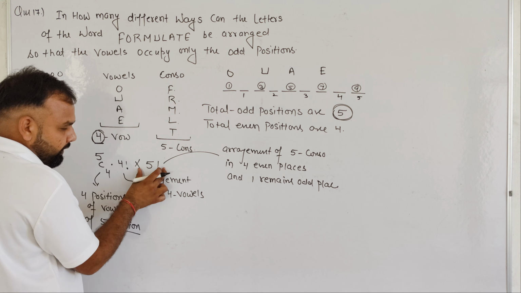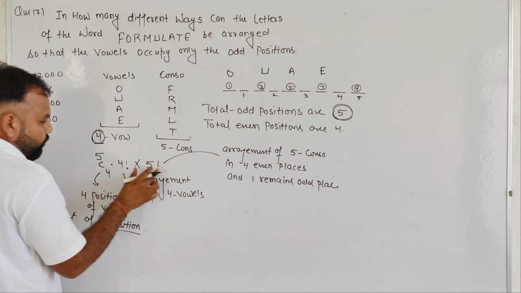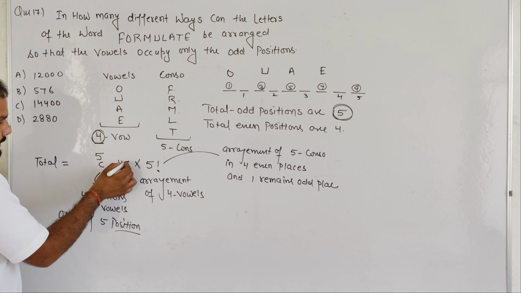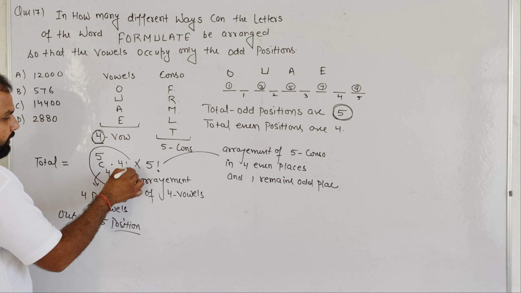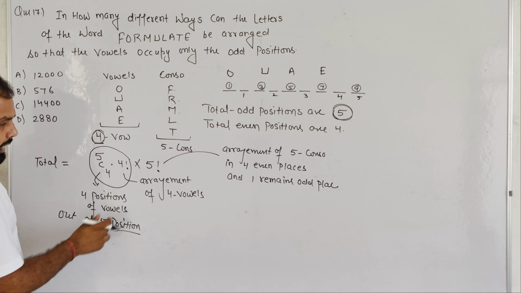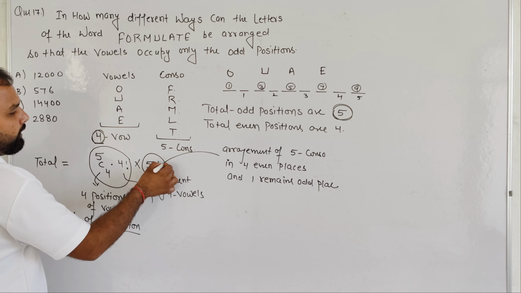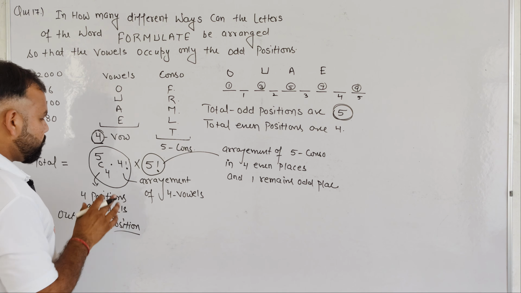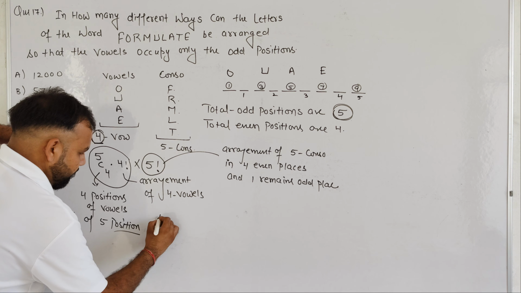What is the meaning of 5 factorial? So, student, there are total number of ways. Total ways. Student, you can see that this is the arrangement and position of vowels, and this is the arrangement and places of 5 consonants. So, what is the value of 5C4?